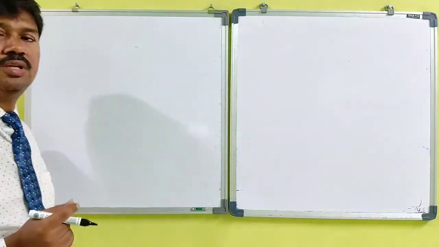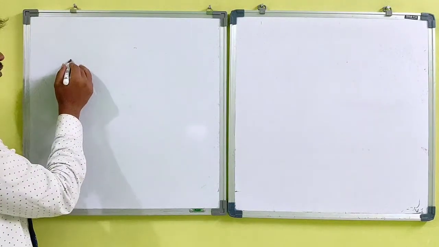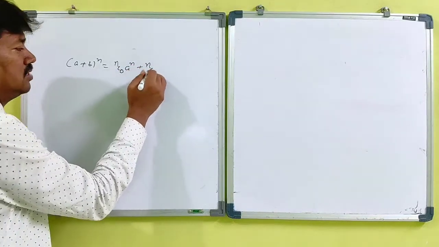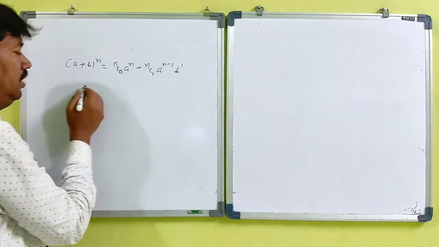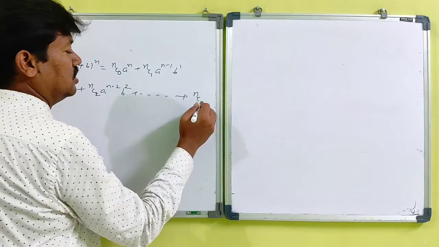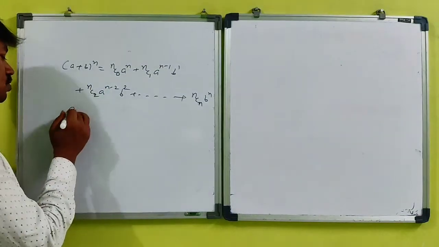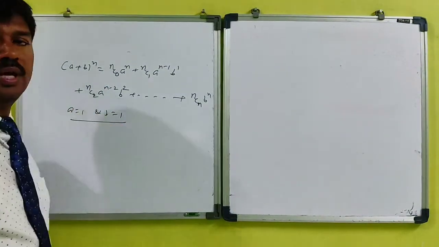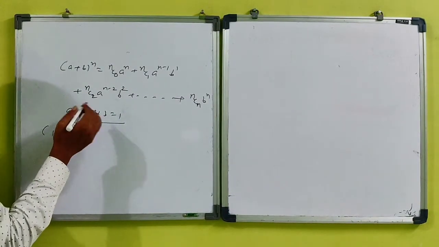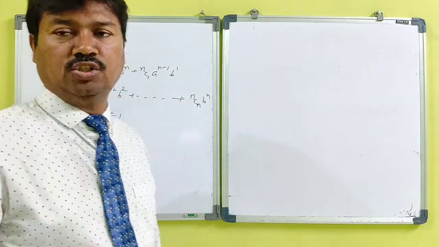Next, a small concept from the JEE point of view: they will ask you to find the sum of coefficients. We know that for (a plus b) raised to n, the expression is nC0 a raised to n, plus nC1 a raised to n minus 1 b raised to 1, plus nC2 a raised to n minus 2 b square, and like this up to nCn b raised to n. Now here we put a equal to 1 and b equal to 1. Then the left side becomes (1 plus 1) raised to n, but on the right side the powers of a and b make no difference because 1 raised to anything is 1.